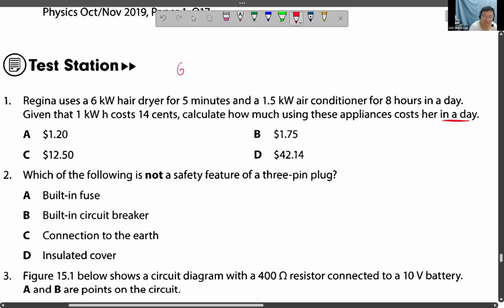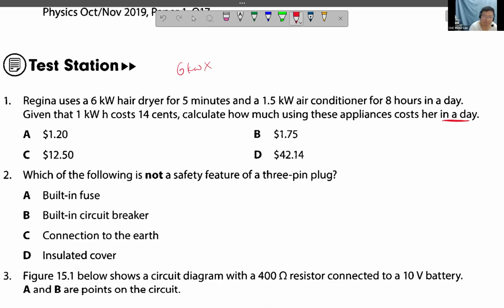What's the kilowatt first? 5 divided by 60 times 6 plus 1.5 times 8 times 14 cents. What's the answer? $1.75, B. Very good. Yes, correct.